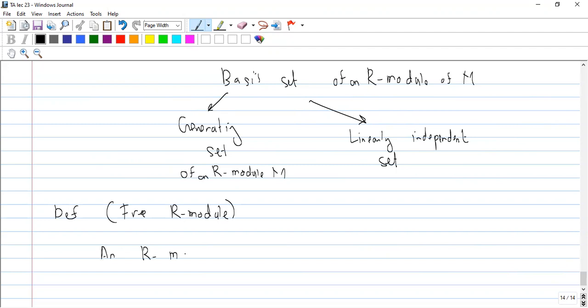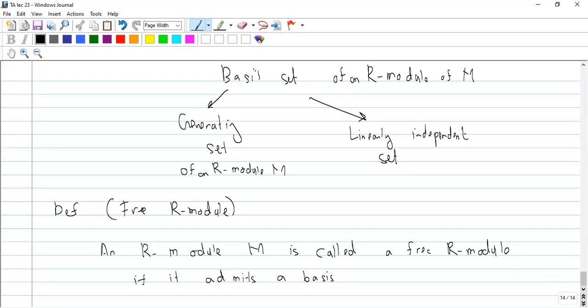An R module M is called a free R module if it admits a basis. That is, if we can find a basis of a module, then what is that module called? It is called a free module.